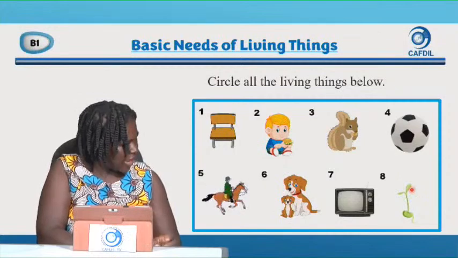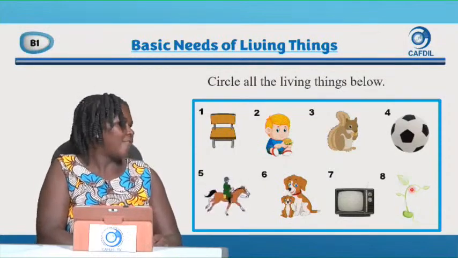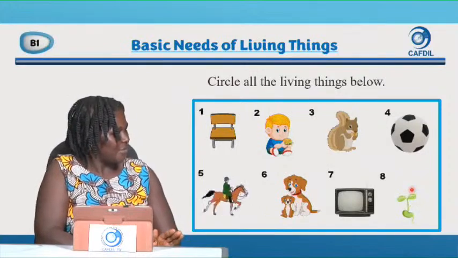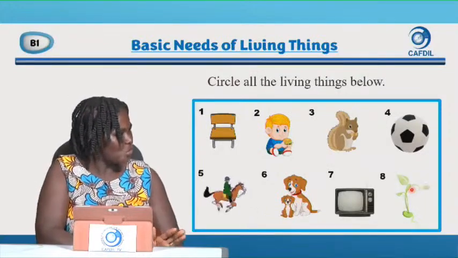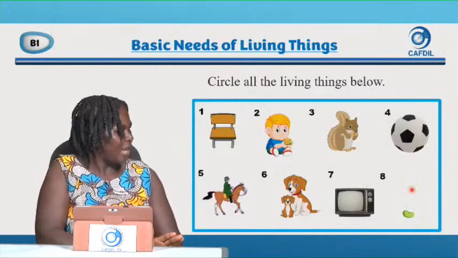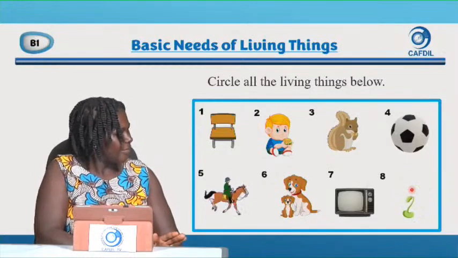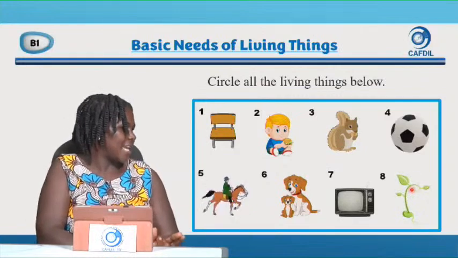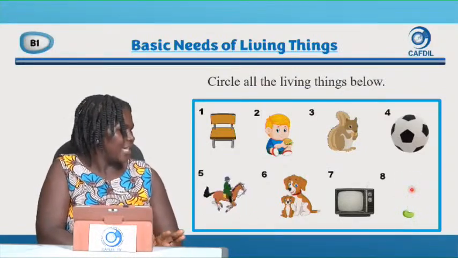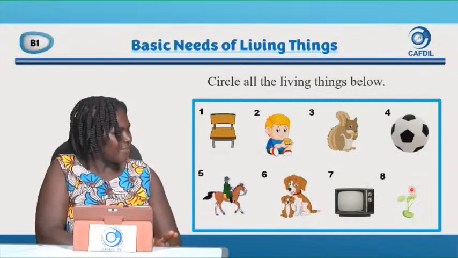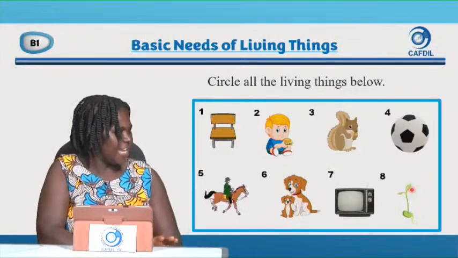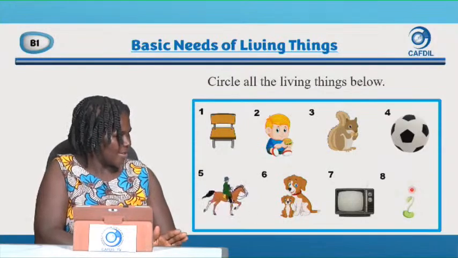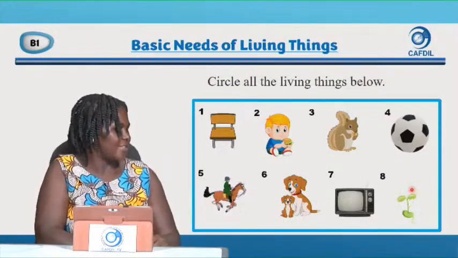So we have a chair, number 1. We have number 2, a baby. Number 3, an animal, a squirrel. We have a ball and a man sitting on a horse. Number 6, a dog and a baby. Number 7, a television. And number 8, a plant. So which ones are living things?